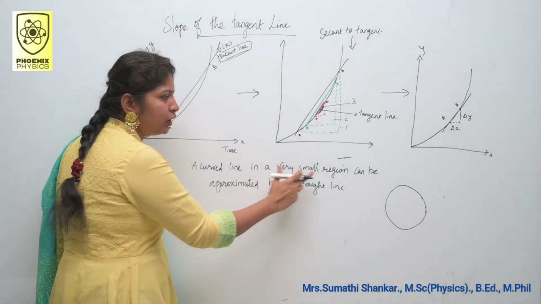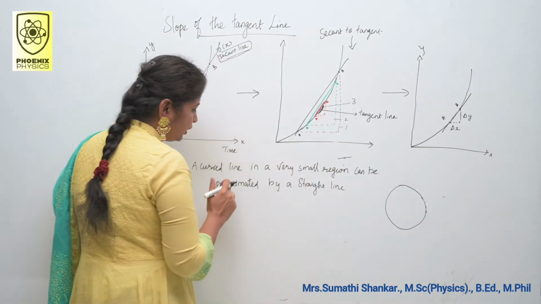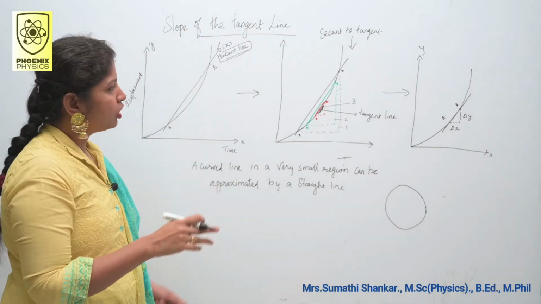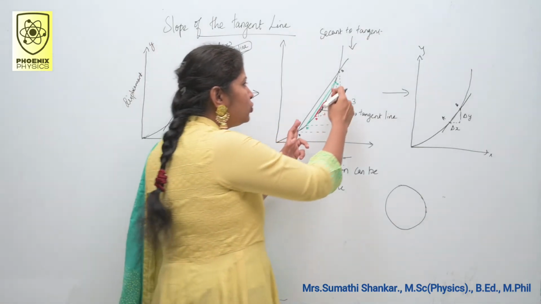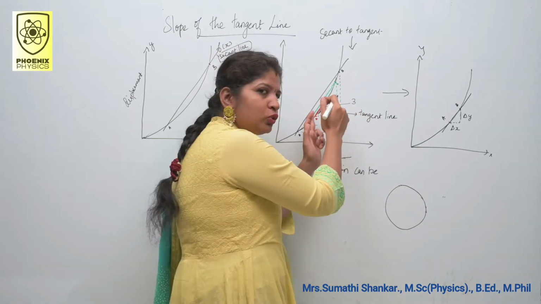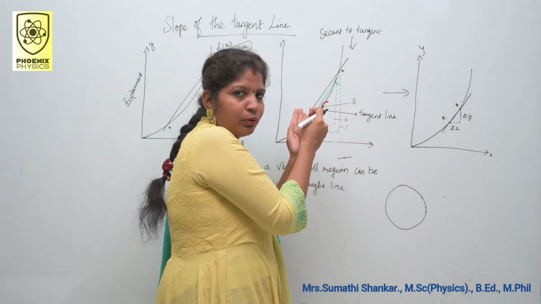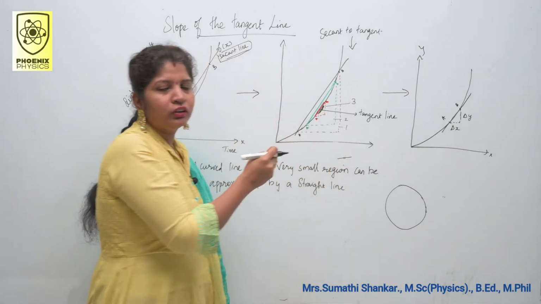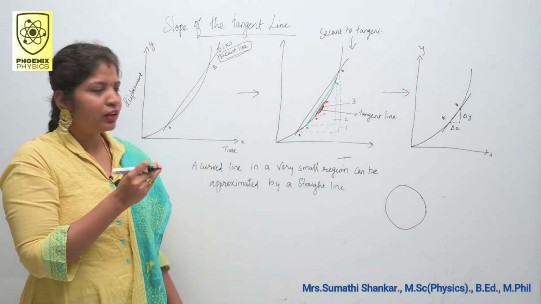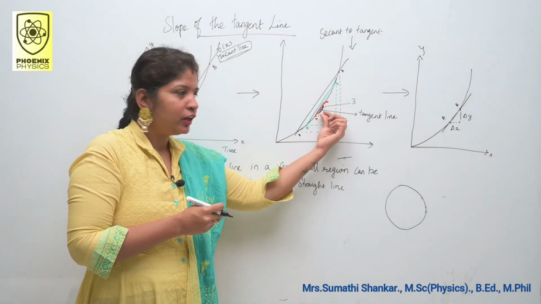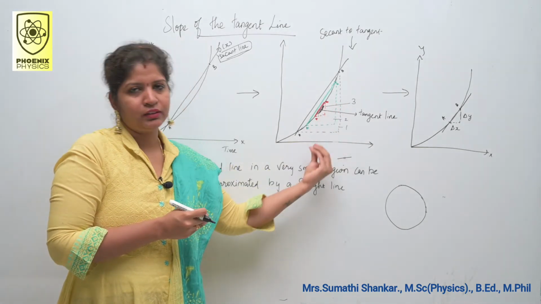A curved line in a very small region can be approximated by a straight line. Same concept. If you reduce the distance between the 2 points, it appears to meet at a particular point. At that point, you can easily draw the tangent line. Or we can say, if you bring 2 points close to each other, then you can get the tangent line.